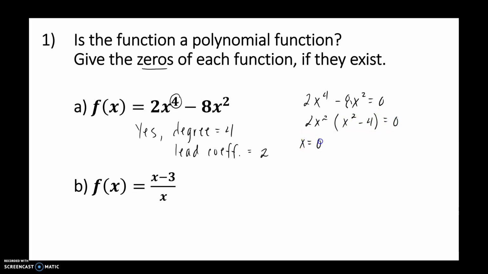So I get x is equal to 0 here, and I'm going to write that as a double root. That'll come up later in the chapter. And then x squared minus 4. If you want to solve this, x squared equals 4, that's fine. Just remember, when you take the square root, two answers exist. So x equals plus or minus 2 would be my solutions from that factor.